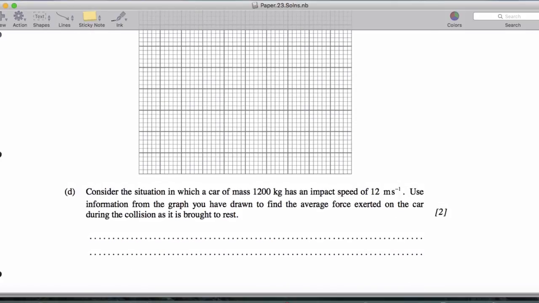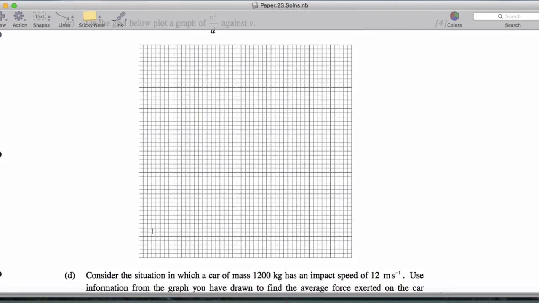So let's try to go up to about 400. I'm going to count by 50, so this will be 100, 200, 300, and 400. And this is going to be v squared over d measured in meters per second squared.